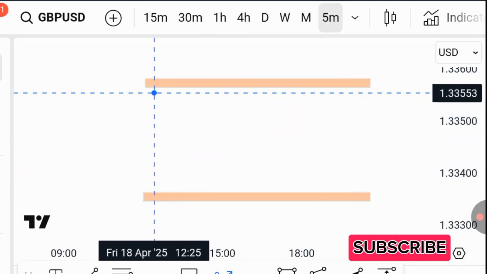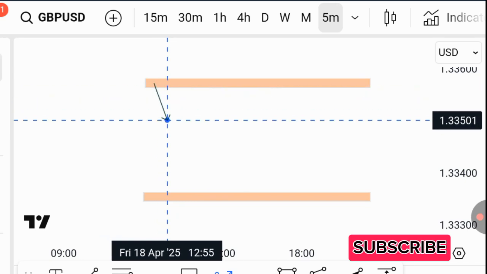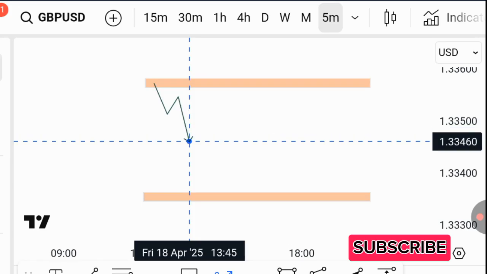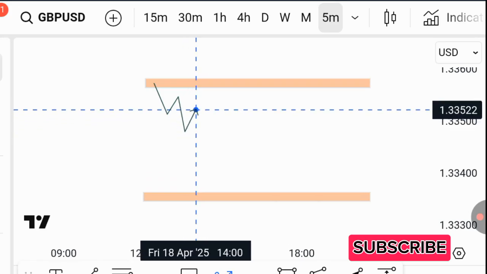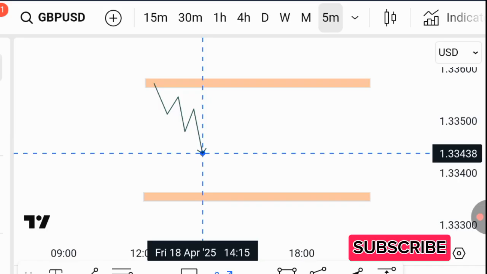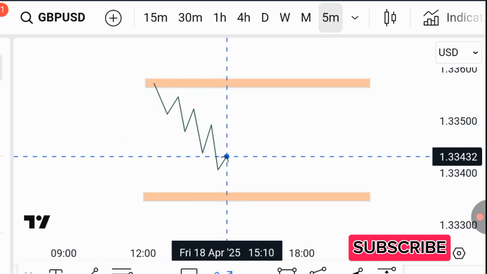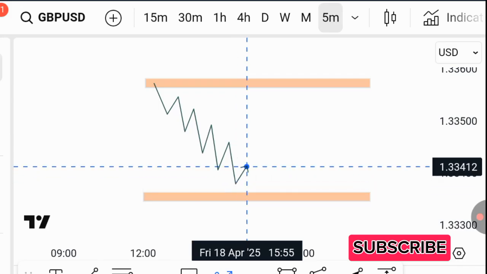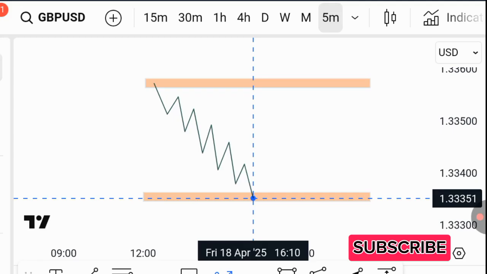So let's say price is coming all the way from the supply level. It comes like this, push back, forming higher high, higher low, retrace back, came down, retrace back, came down, retrace back, and then came down, retrace back, and got to the support level.